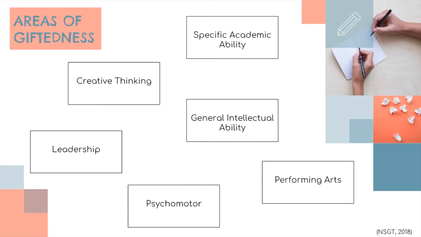On the other hand, the specific academic ability student is one that is good at targeting a specific subject or a specific area of interest. This individual is inquisitive in this area and loves to comprehend and learn more about their area of interest.